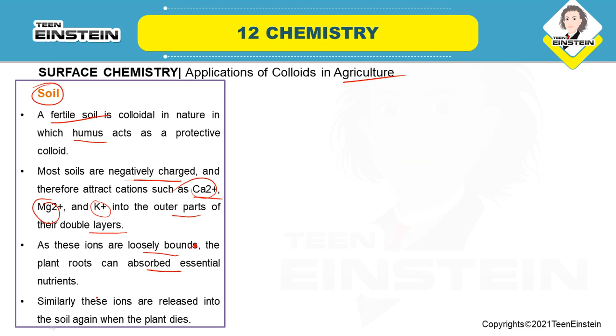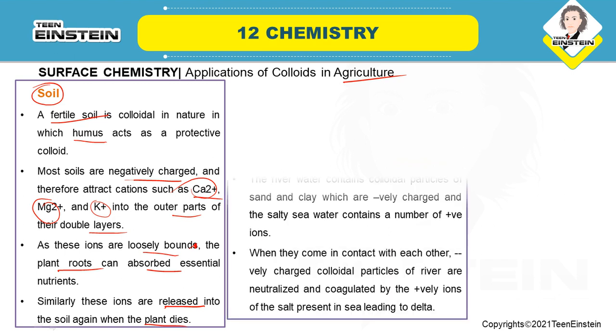These ions are essential nutrients for the plant, and they are loosely bound in the double layer, so the plant roots in the soil can easily absorb them. Similarly, these ions will be released into the soil, the reverse process, when the plant is dead. Fine. So this is the application in agriculture.